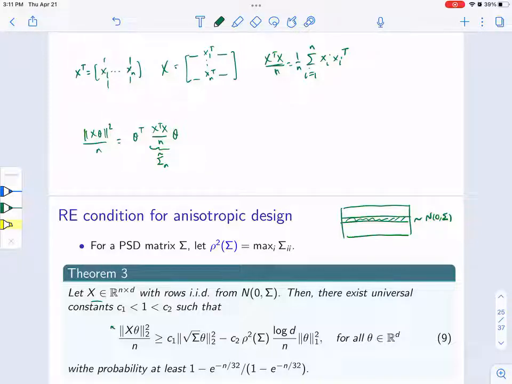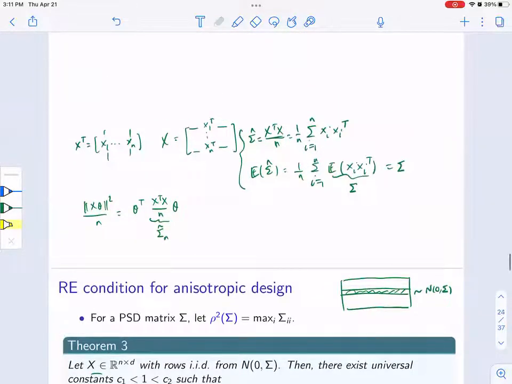The expectation of sigma hat is 1 over n summation i from 1 to n of the expectation of xi xi transpose, and this is just sigma. So this is an unbiased estimator of sigma. It's the sample covariance matrix.